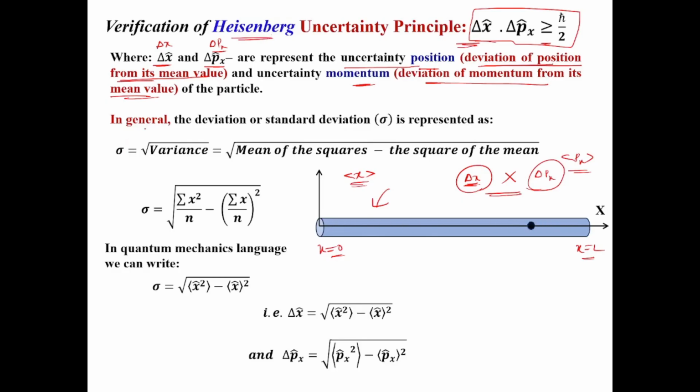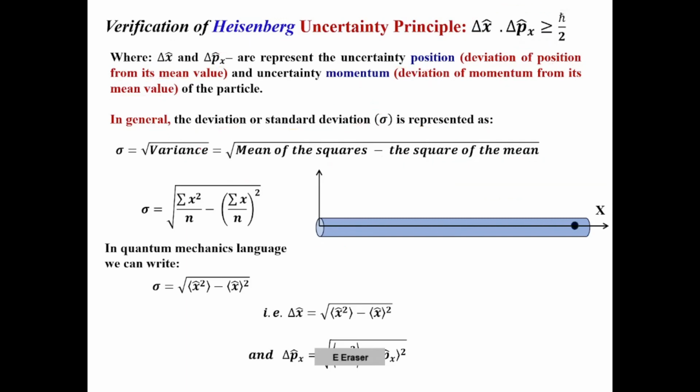In mathematics, in general, the deviation, also called the standard deviation and denoted by sigma, is represented as the square root of the variance. So what is the variance? Mean of squares minus square of the mean. Here the mean value is nothing but this one, and its square is this one.